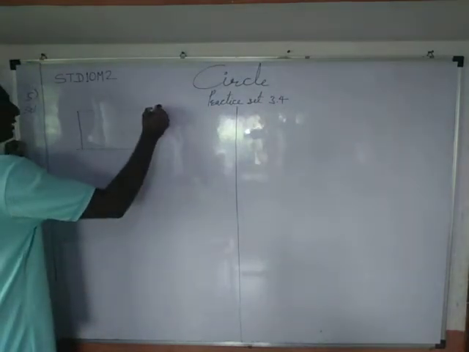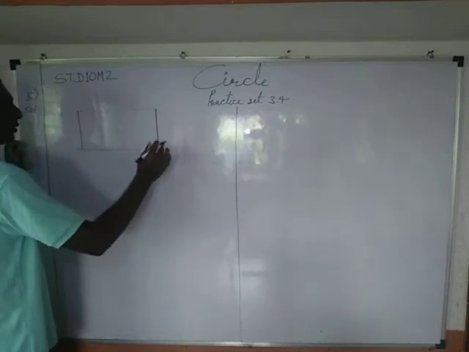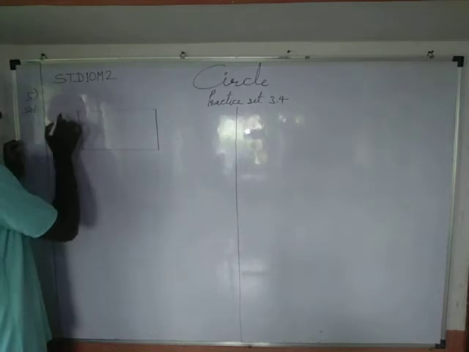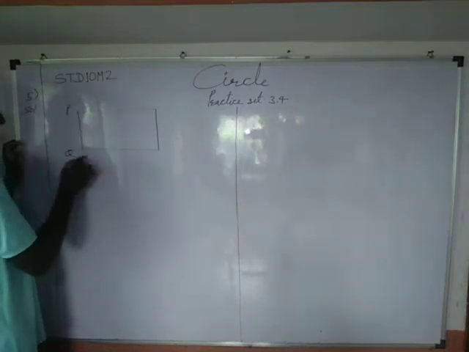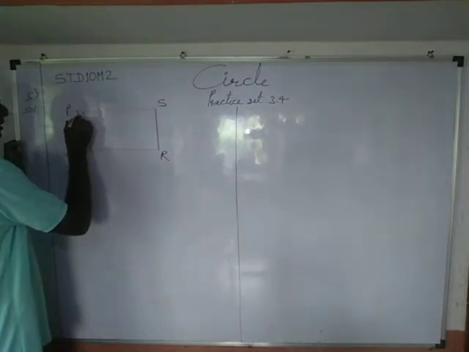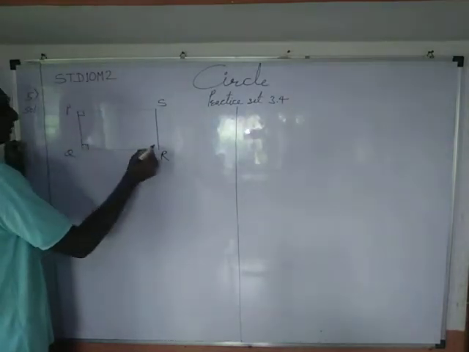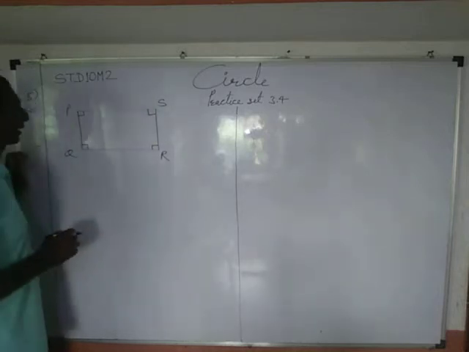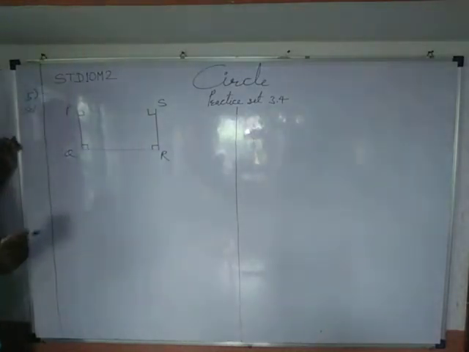A rectangle is a quadrilateral whose every angle is a right angle. Let the name of this quadrilateral be quadrilateral PQRS, such that its every angle is a right angle, then quadrilateral PQRS will be a rectangle.